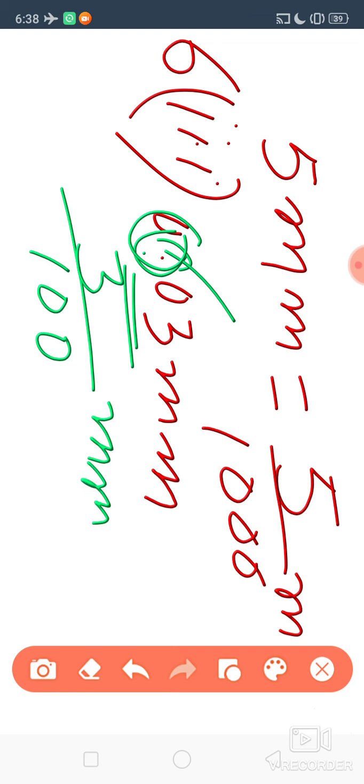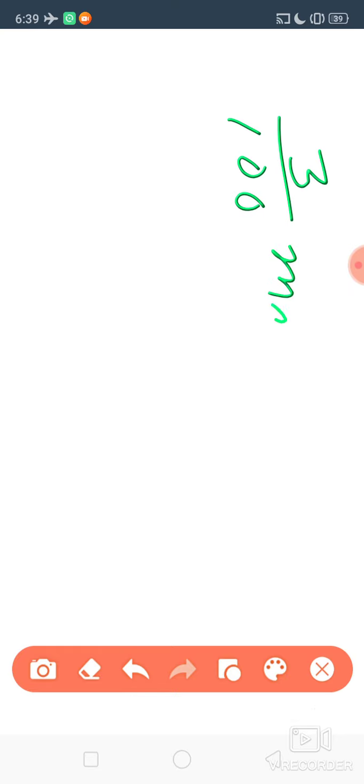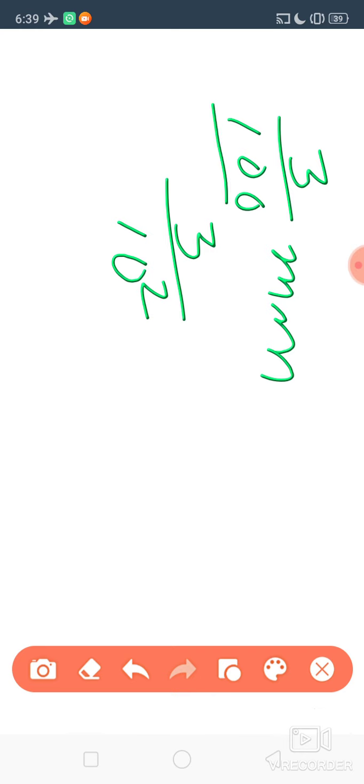Okay. Now 3 by 100 millimeter, we can write it as 3 by 10 to the power 2. Can we write or not? 100 we can write as 10 to the power 2.